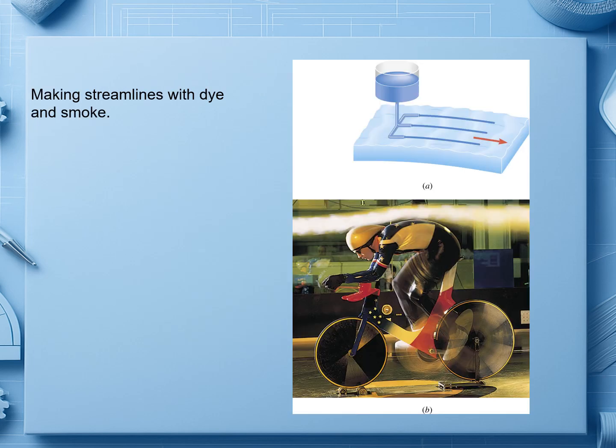So, an example of streamlines. This one is dye and smoke coming from the top of these cyclists.